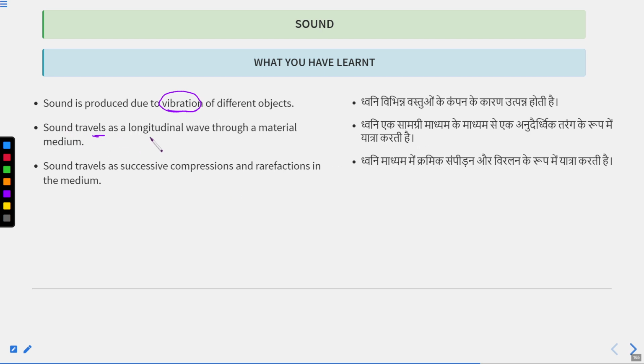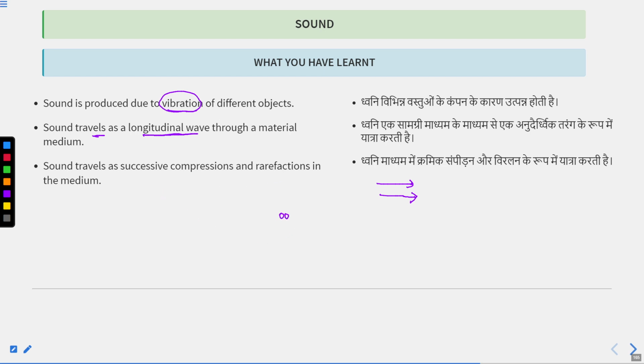Sound is a longitudinal wave. In class, I have explained that there are two types of wave: one is longitudinal and the other is transverse. Sound is a longitudinal wave because the disturbance and the propagation of sound are in the same direction. Sound travels as successive compressions and rarefactions in the medium.